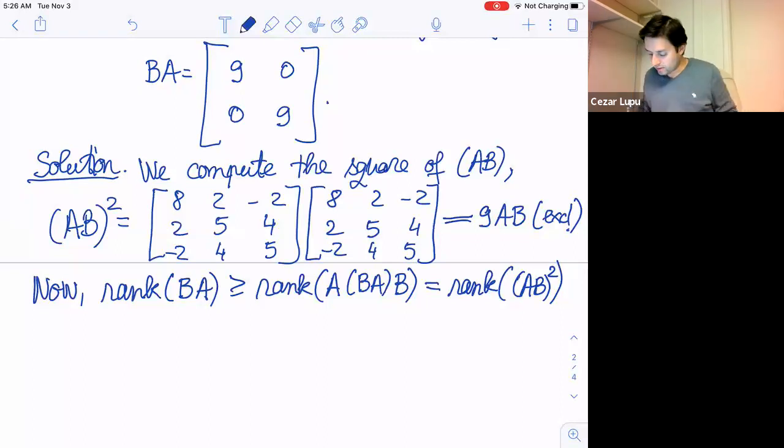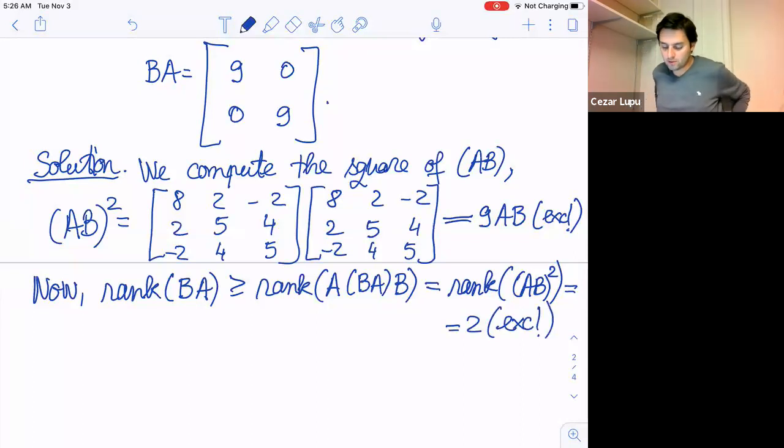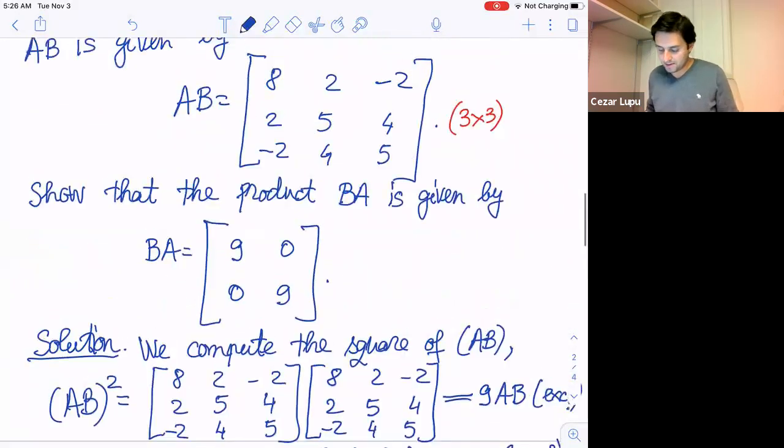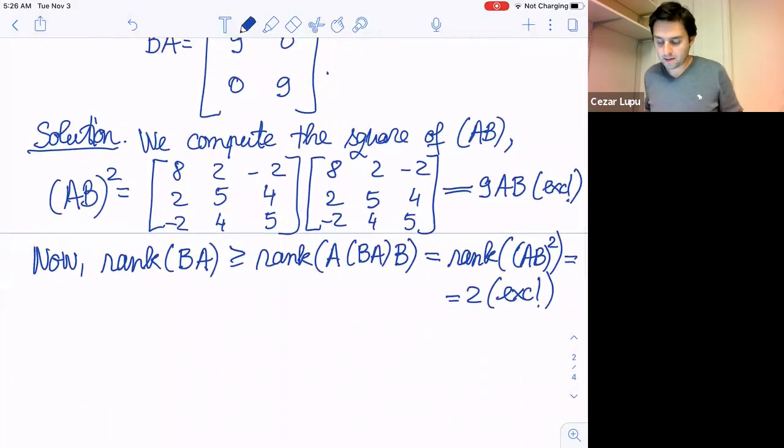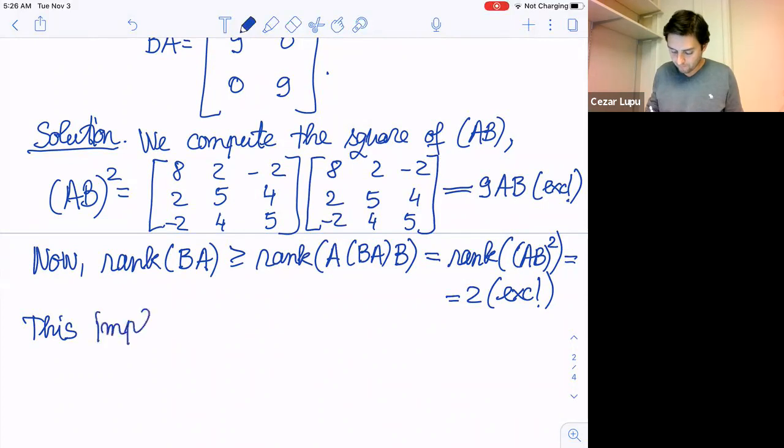And I'll leave it to you as an exercise to show that this is actually 2. Well, it's not hard to see. You just look at the determinant of this, so it's quite easy. Anyway, so the rank will be 2. So this implies that since the rank is greater or equal than 2, BA is non-singular.